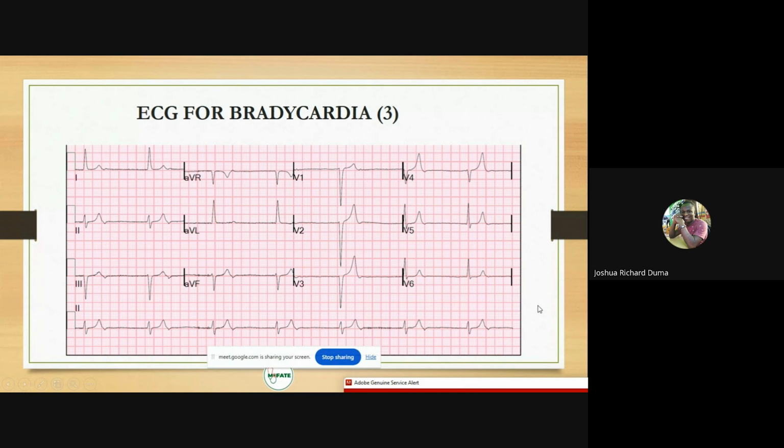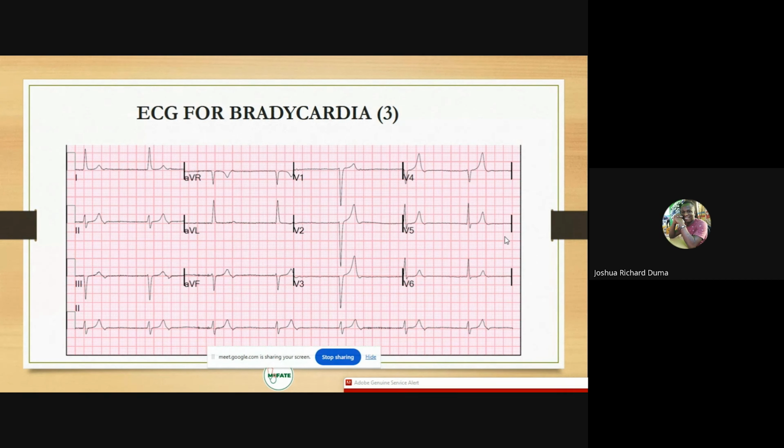Okay, this is an example of a 12-lead ECG showing bradycardia. With bradycardia, we are much concerned about the heart rate, as I've said. There is a way that you can count heart rates through this ECG. I can't go deep about it, but sometimes we can count.